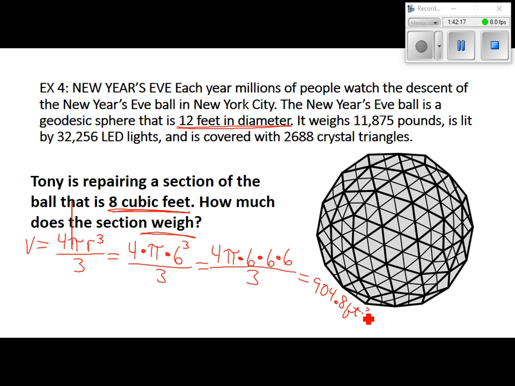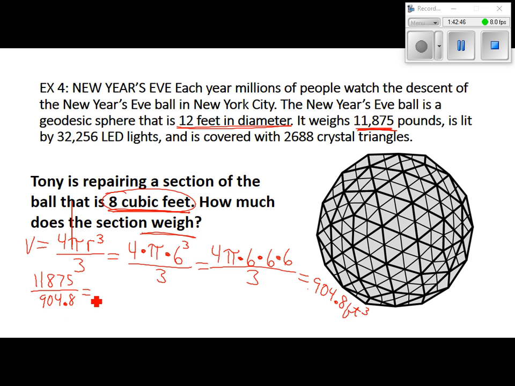Then what they want to know is how much does 8 cubic feet weigh. Well, again, they didn't tell us anything about 8 up there, but they did tell us the weight of the entire ball was this. So what I'm going to do now is take that 11,875 and divide it by the total volume, which is 904.8.